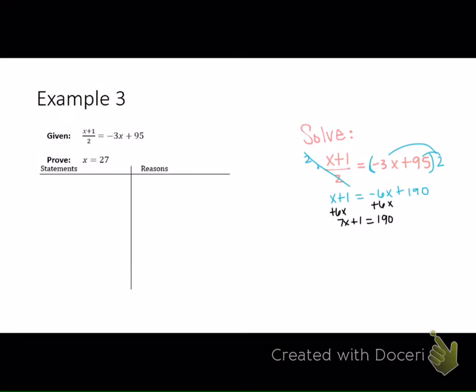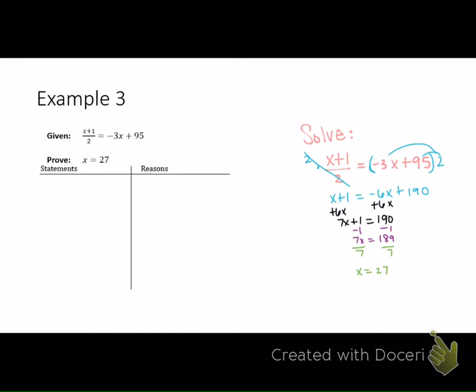You would subtract 1. Lexi, what would you do now? I would divide by 7. Is that what we needed to get, was 27? Yep. Okay, so we start off with what, Lamar?